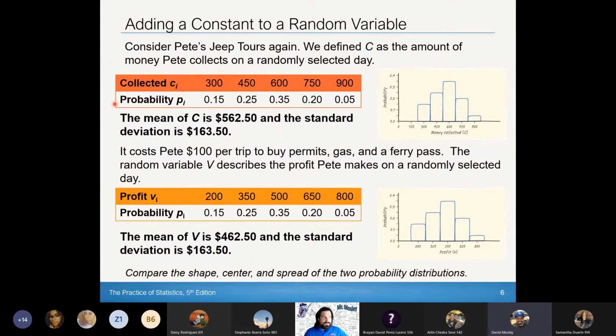Consider the fact we subtracted the same number from every possible outcome. So the difference from 300 to 900 is the same as the difference between 200 to 800. The spread of my data hasn't changed at all, so the standard deviation is not going to change. We've simply shifted the histogram down a little bit because we subtracted money.